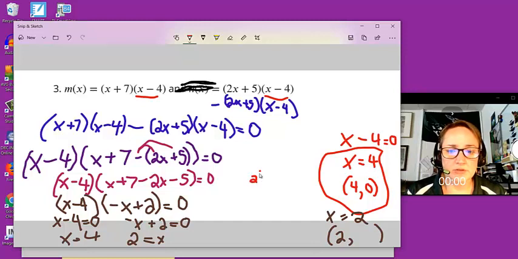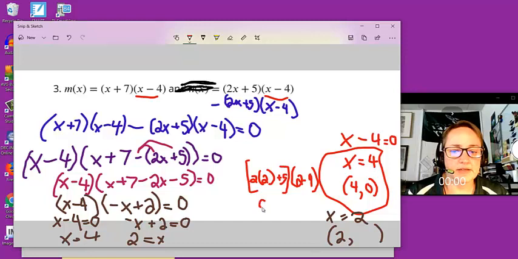2 times 2 because x equals 2 here, right? So I'm substituting this 2 in place of x. Plus 5 times 2 minus 4. 4 plus 5 is 9 times 2 minus 4 is a negative 2.